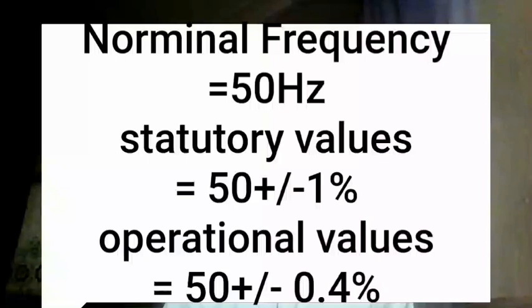So we have the lower and the upper. The variation is between the lower and the upper level, which is the normal set values for the variations. If the set values are so much exceeded and it is not controlled in time, it will lead to system collapse, partial collapse or total collapse.